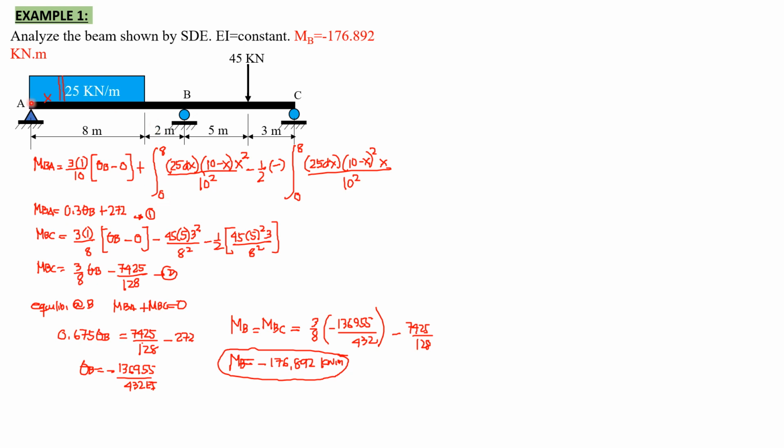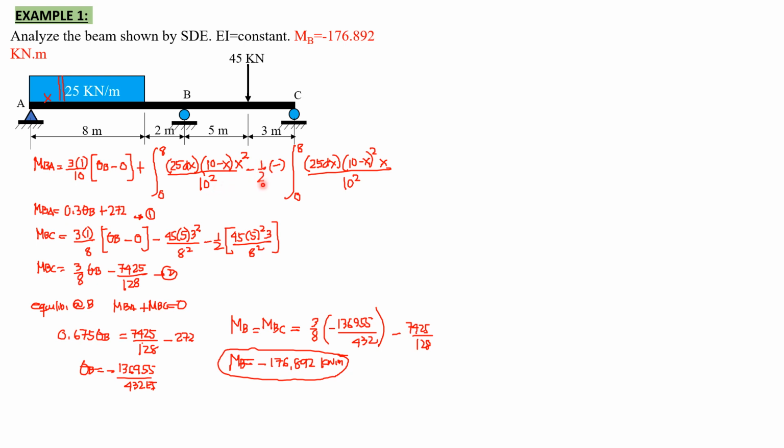So we have the integral, I'll call this x, from 0 to 8 of differential P, which is 25 dx, times a, the distance from the near end to the strip, which is 10 minus x, then the square of b, x square, all over L square.